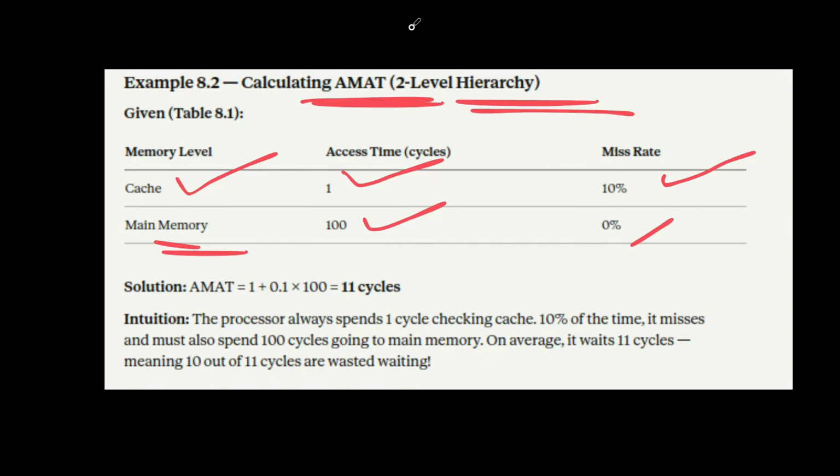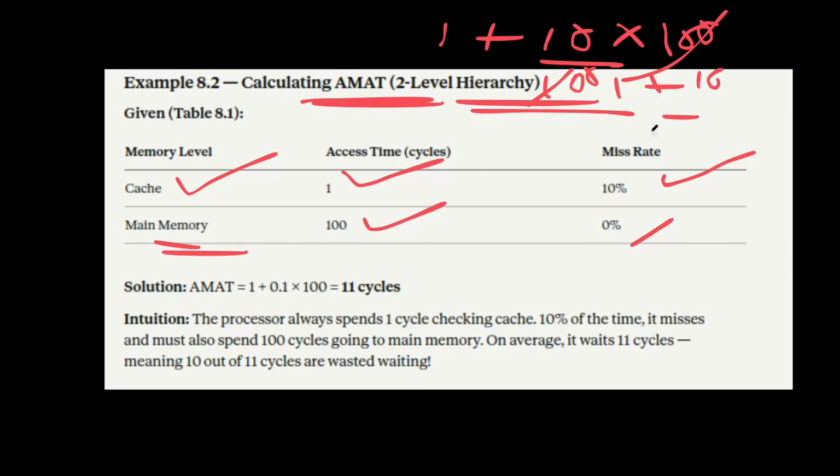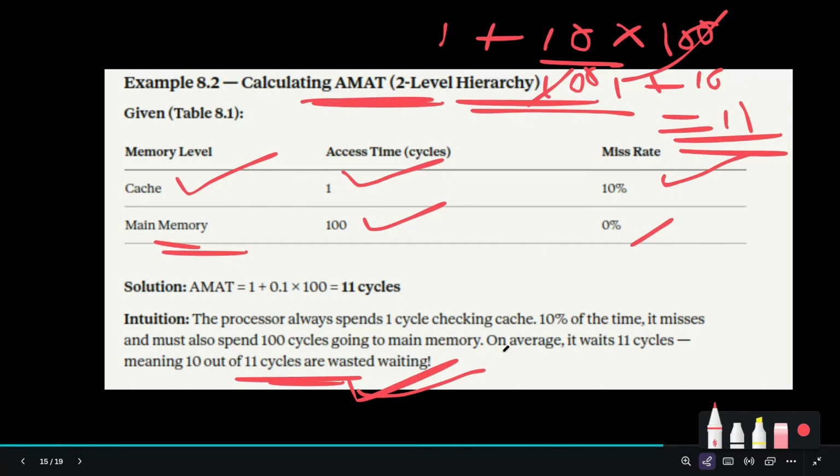So the formula is first the time to access from cache, that is 1, plus the miss rate of cache, that is 10%, into accessing from the main memory, that is 100. So 1 plus 10 divided by 100, times 100, is 1 plus 10, that is 11 cycles. So we get 11 here. It was 10%, that is why I converted it to a fraction by dividing by 100. Okay, so we get 11 cycles.